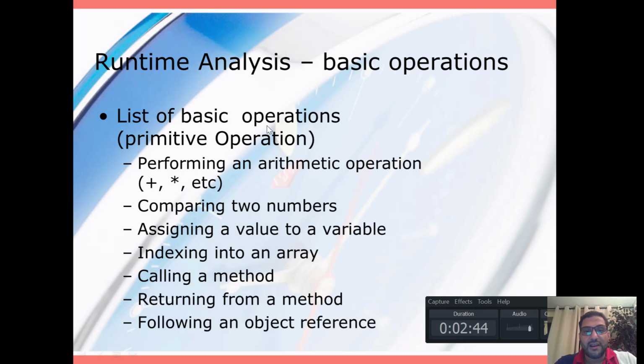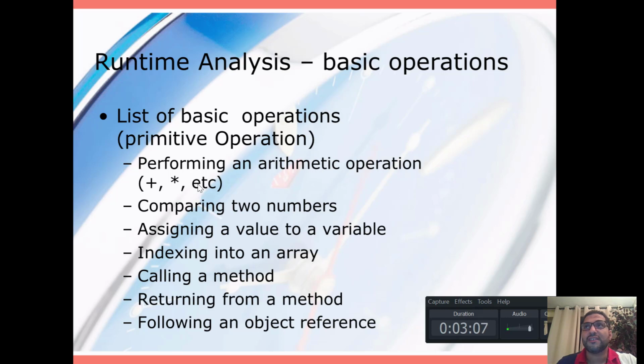The list of operations includes, but is not limited to, the arithmetic operations like addition, multiplication, division, subtraction. These are considered primitive operations. Comparing two values is considered a primitive operation.